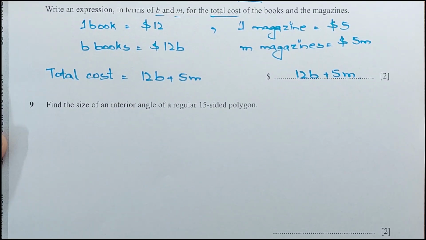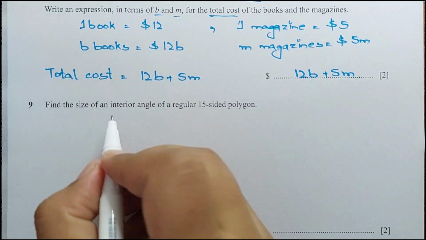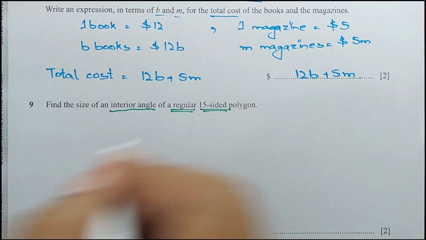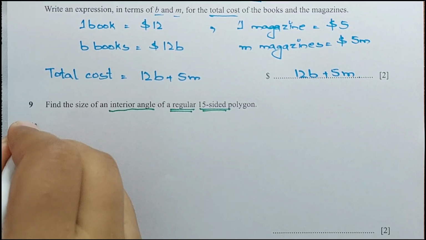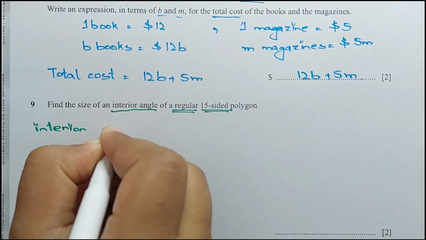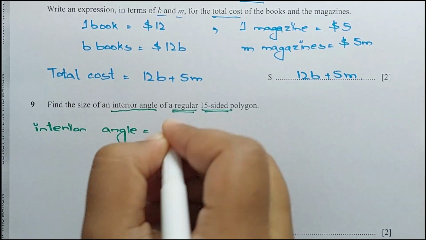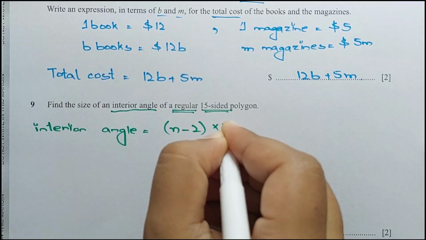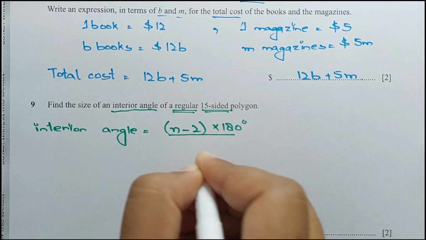Question number 9, find the size of an interior angle of a regular 15-sided polygon. So the formula for the measure of each interior angle of a regular polygon is number of sides minus 2, times it by 180, divided by the number of sides.